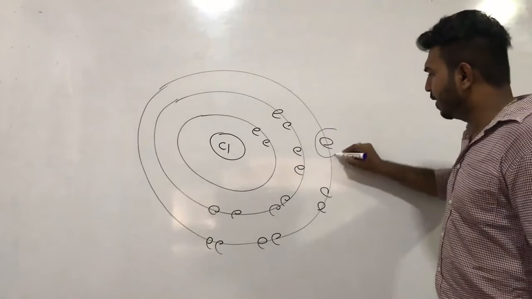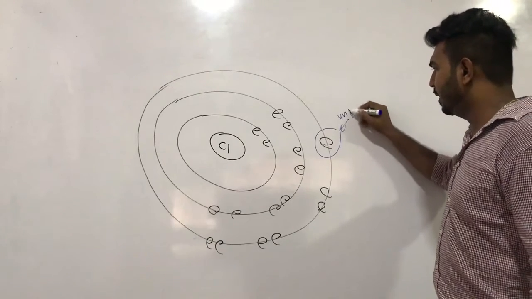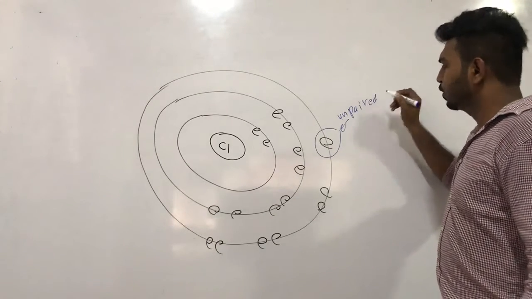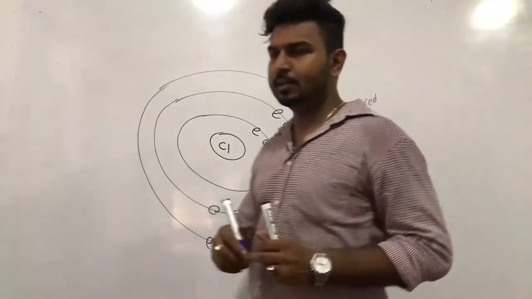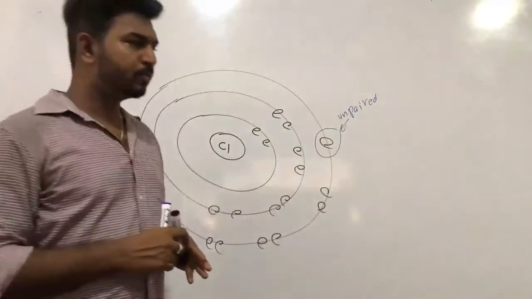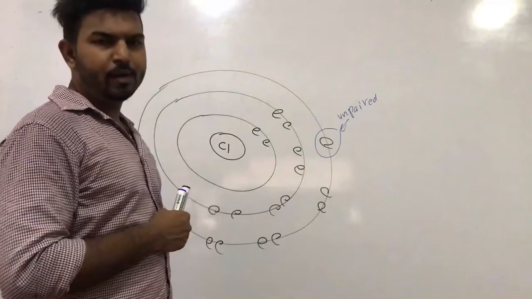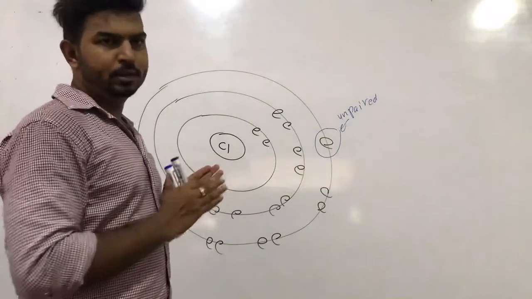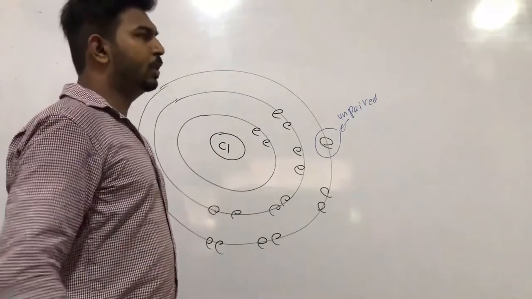These unpaired electrons try to form chemical bonds.